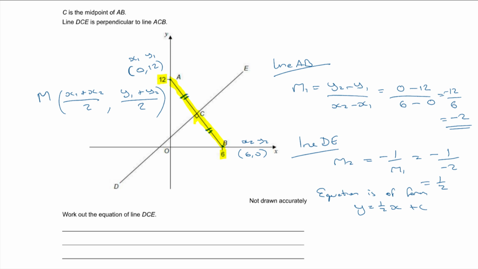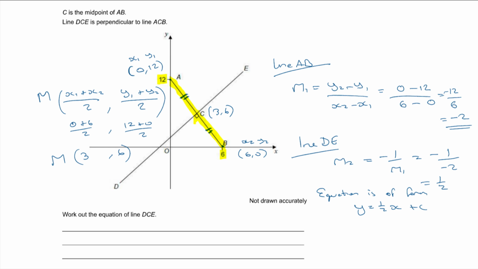Okay, so the x coordinates are 0 and 6, so that averages out to a 3, and then the y coordinates are 0 and 12, and that averages out to a 6. Okay, so the midpoint of my line is going to be (3, 6). So that's the point C, isn't it?